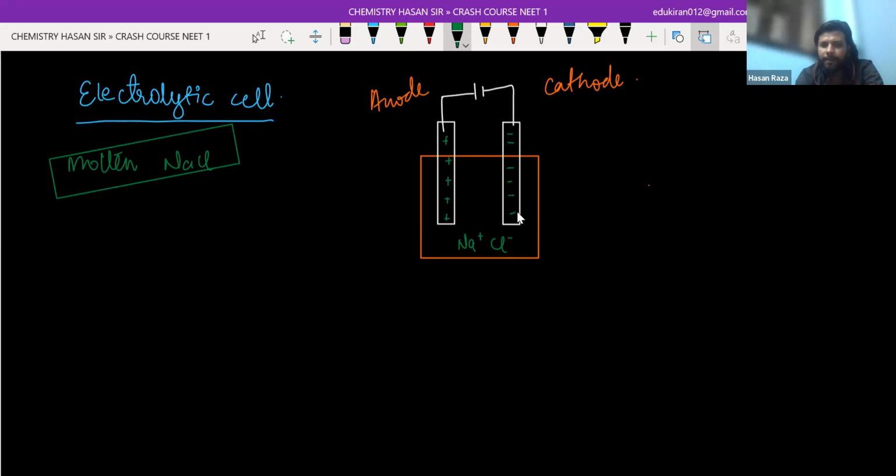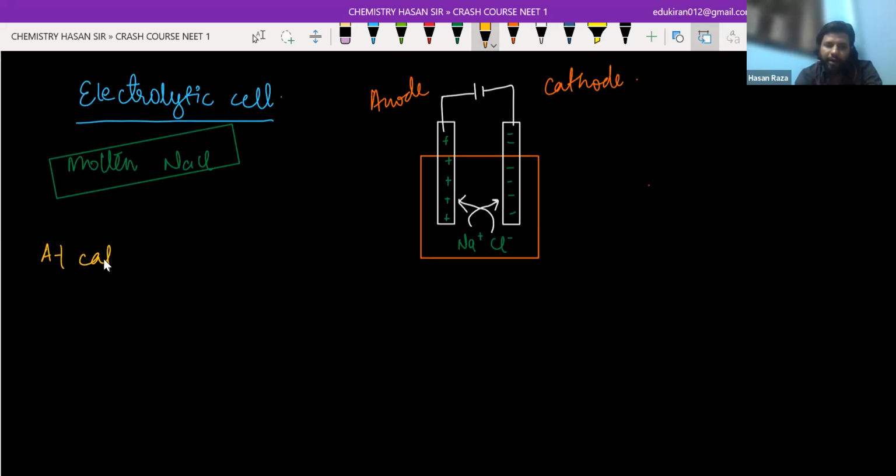Positive ions will go to the negative electrode and negative ions to the positive one. As you studied in class 12th, at anode oxidation takes place, and at cathode reduction takes place. So we need to know the product at anode and at cathode.